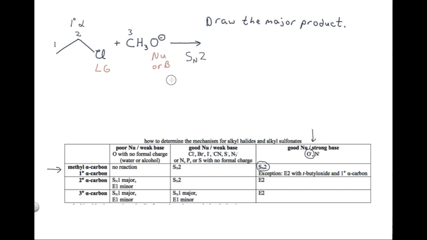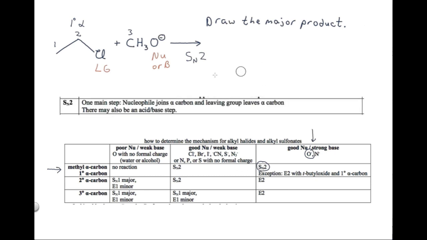Remind yourself what happens in an SN2 mechanism. Do you remember how many steps? How many steps are there in an SN2 mechanism, and what happens in those steps? There's one step in an SN2 reaction. An SN2 reaction involves a nucleophile, not a base.